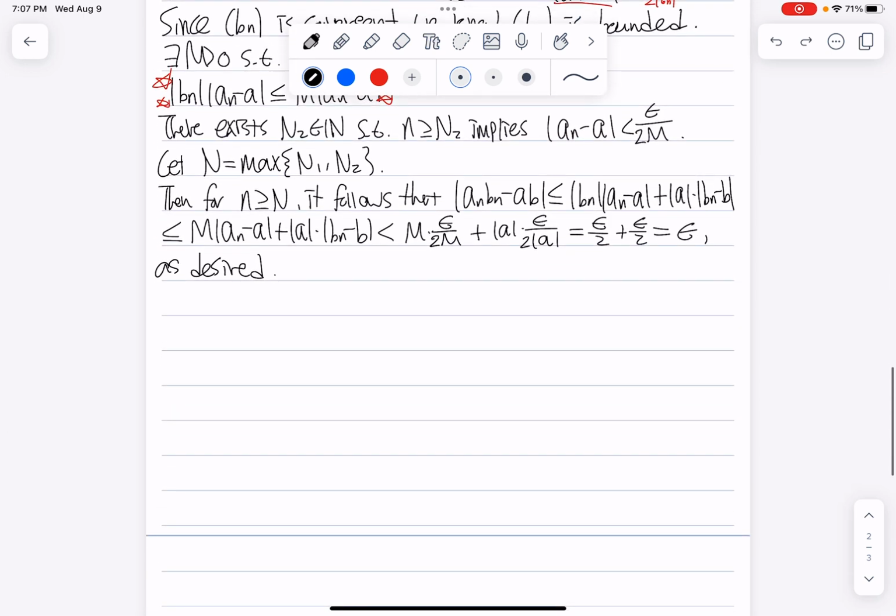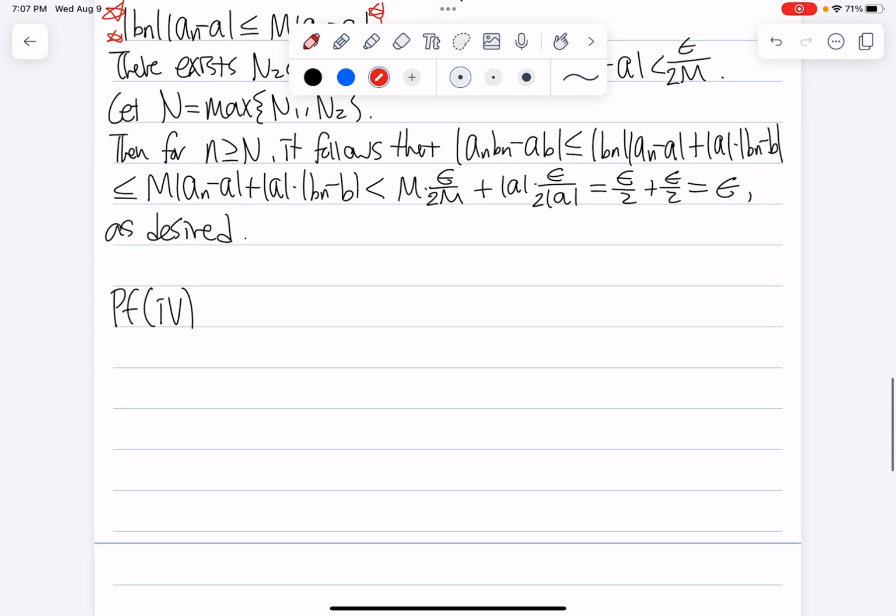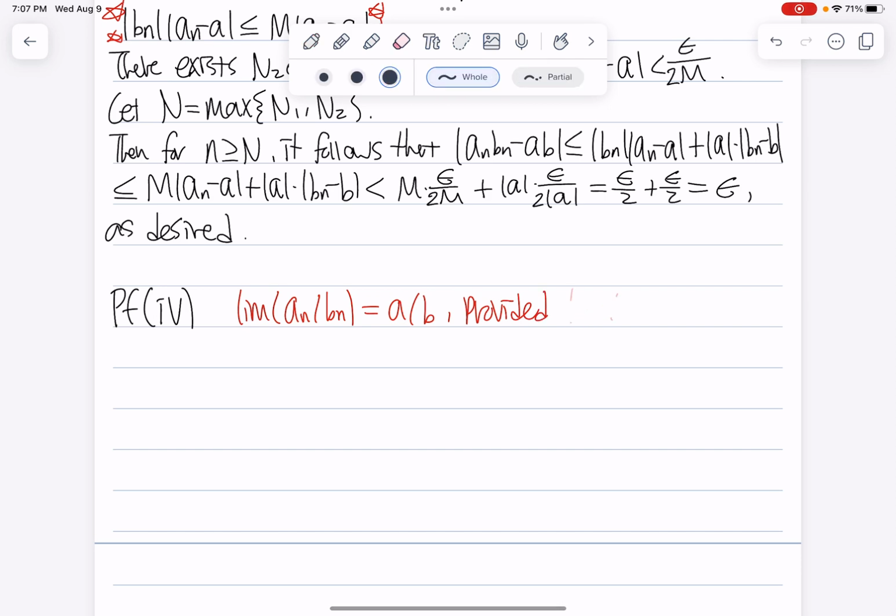All right, what about part 4? Part 4 states that the limit of an divided by bn is equal to a divided by b, provided the limit of the sequence bn is not equal to 0.